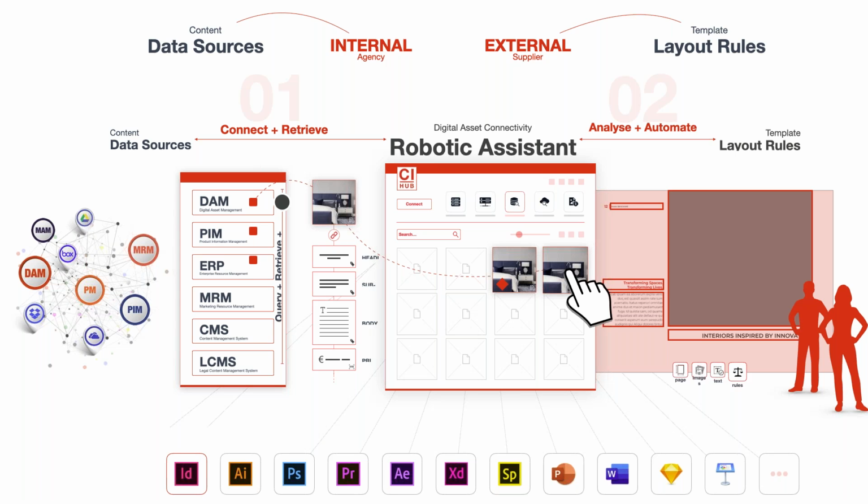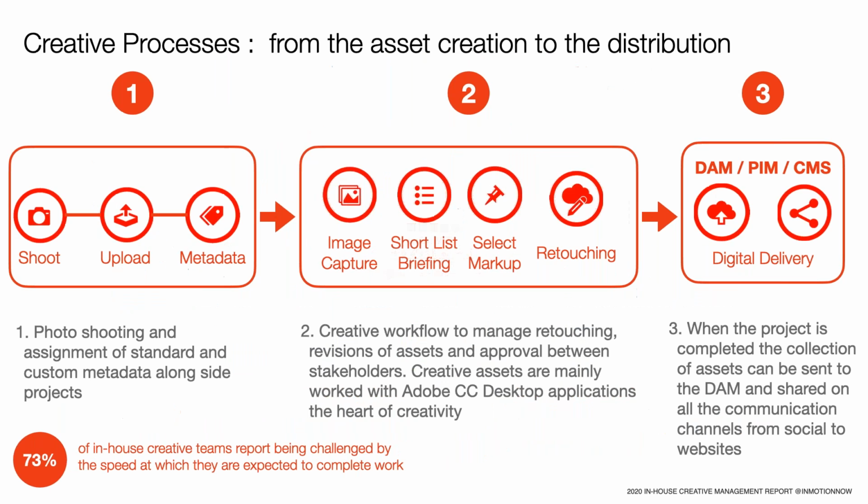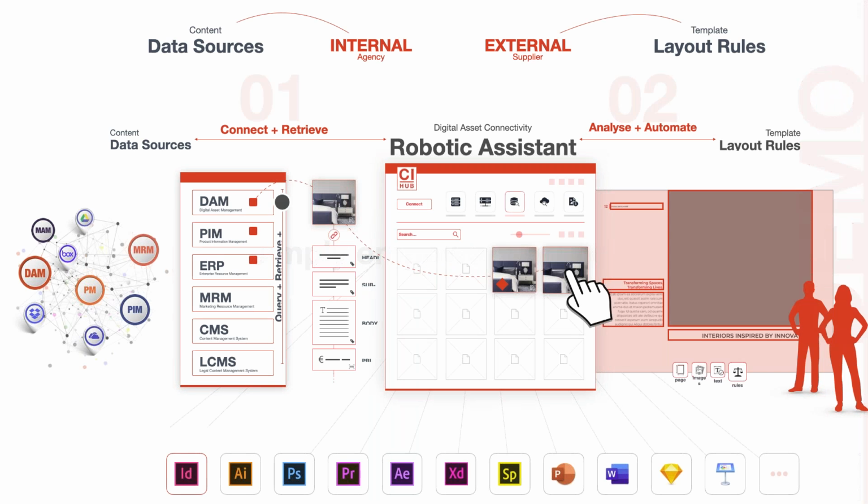And imagine you have to create a brochure or a product flyer where you have images from a DAM system and product data from a PIM system, and maybe a price information from your ERP system. With the ability within CI Hub to connect to these different sources at the same time, you can interact a lot more easily with that content.